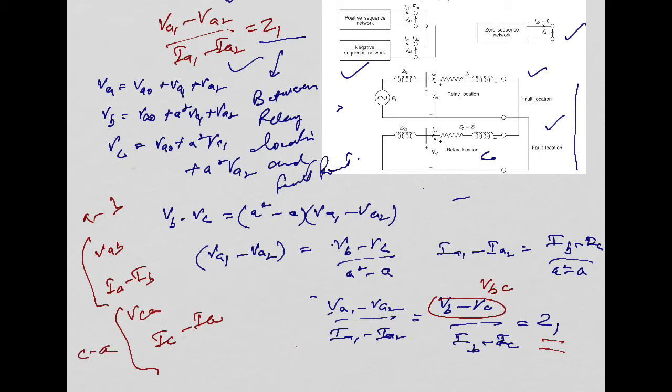So the distance measuring units which cater for the phase AB, BC and CA faults are known as the phase fault units.